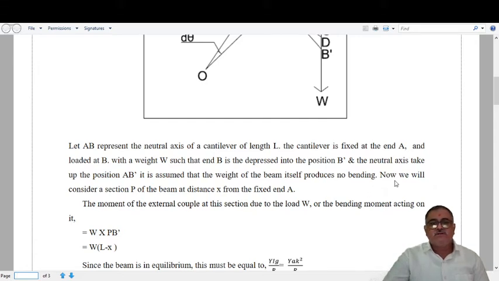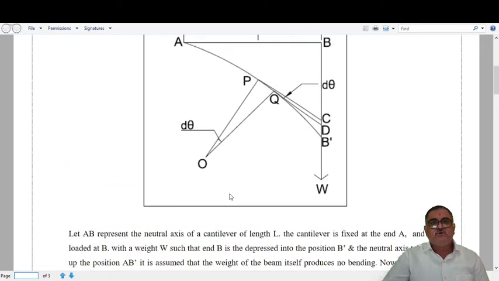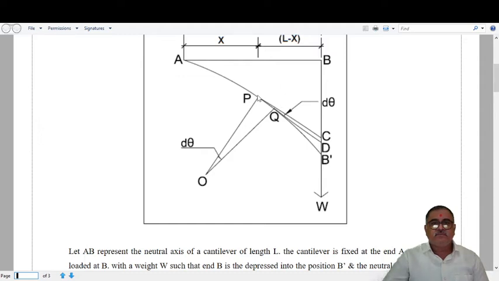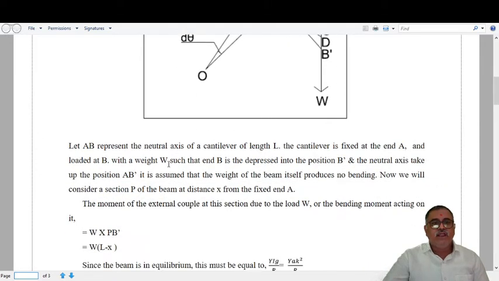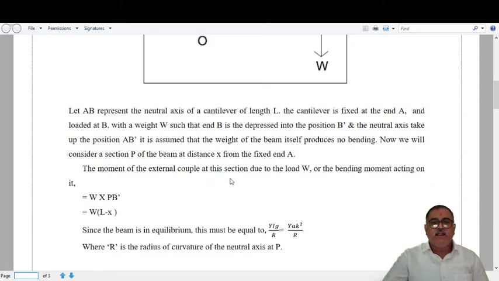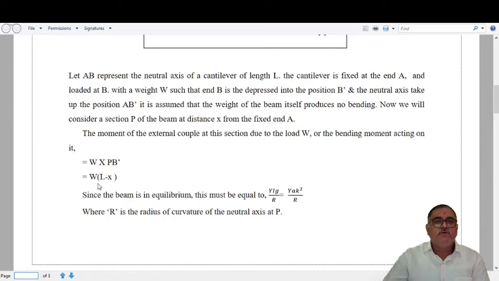Now here we will consider a section P of the beam, which is located at a distance x from the end A. Then the moment of the external couple at this section due to the load W, or the bending moment acting on it, is simply W into PB dash.